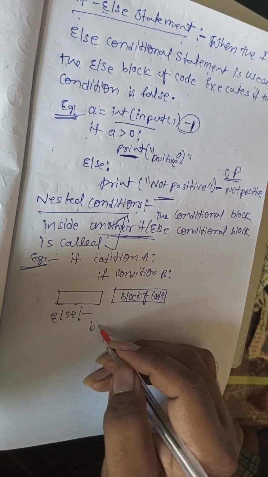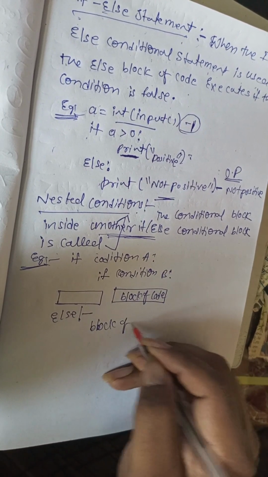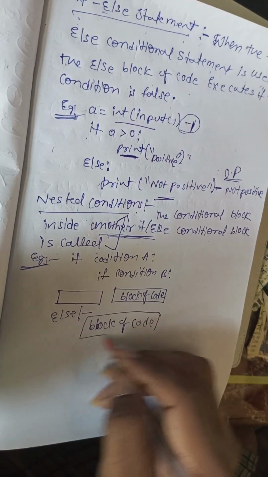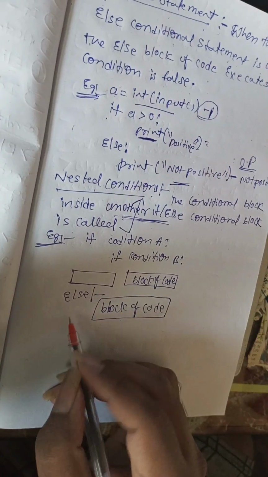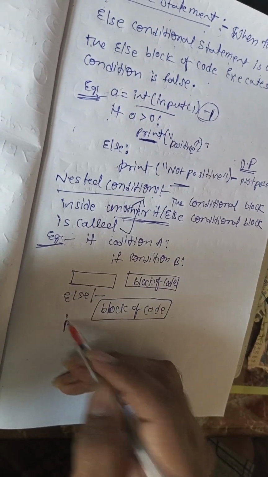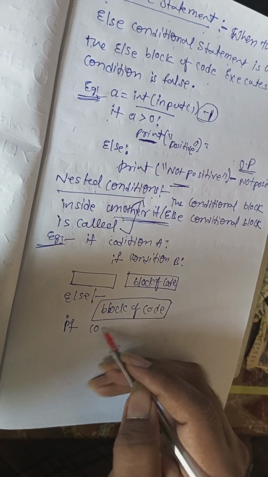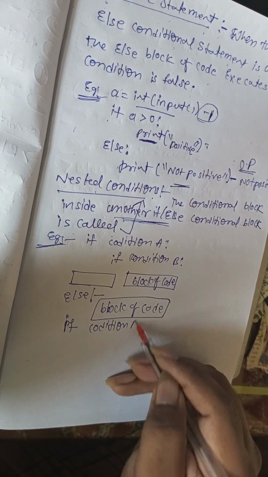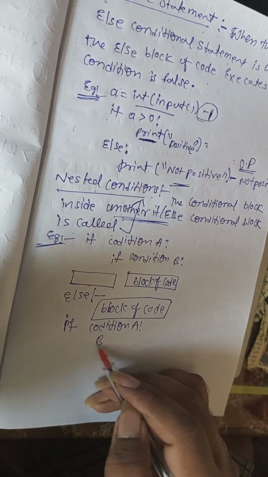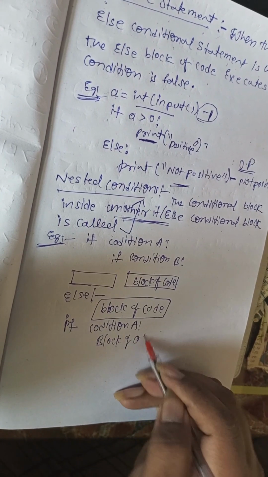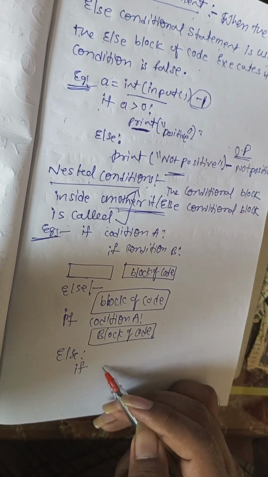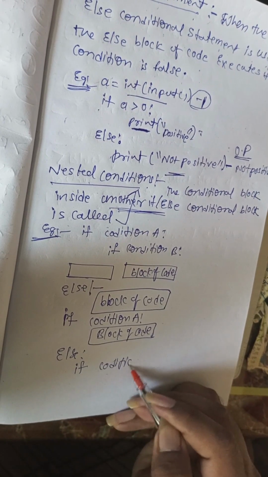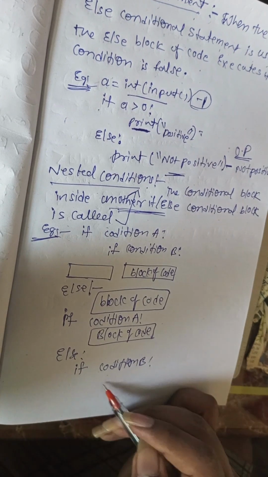Here again I am writing block of code. What is the code to be executed? I have written. Again I am using if condition, a block of code. Else, otherwise I am using condition B. Next block of code.